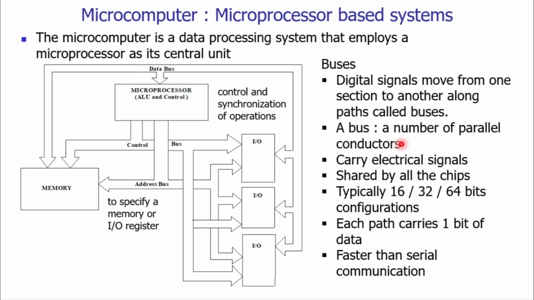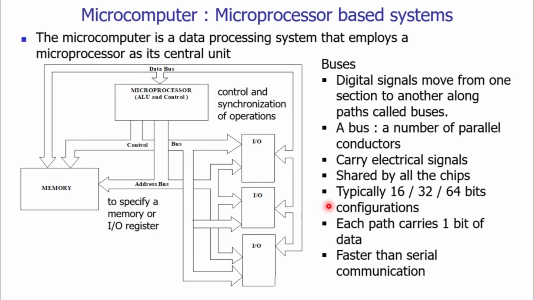The bus is nothing but a collection of a number of parallel conductors. These are carrying electrical signals, and these buses are being shared by many chips which are integrated in a typical microcomputer.